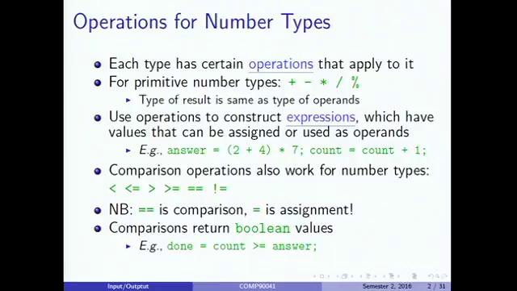You can use these operations, nest them as you're used to, 2 plus 3 plus 4 plus 5, apply multiple operations, and that allows you to construct an expression. And an expression has a value, and your program will manipulate that value.